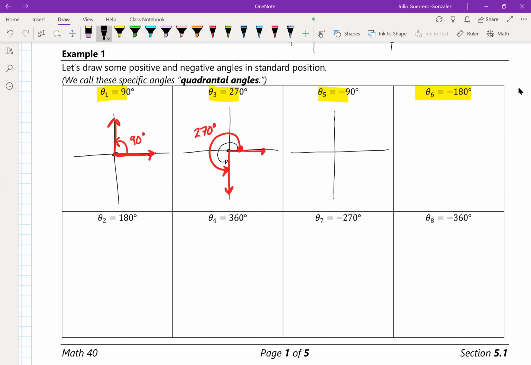So here's my axis, here's my initial side. Now I need to go negative 90 degrees. So instead of going counterclockwise, now I need to go clockwise. So that ends up being down here. If I go here, that's negative 90 degrees. Notice what happened: I went in the opposite direction, hence the reason I went for the negative. And then same thing for this one.